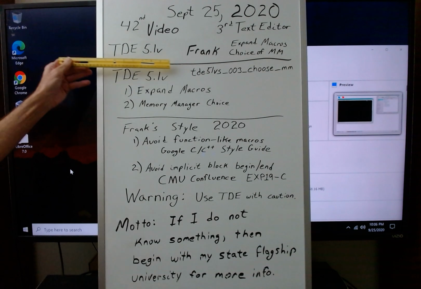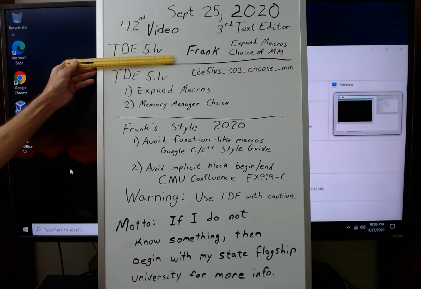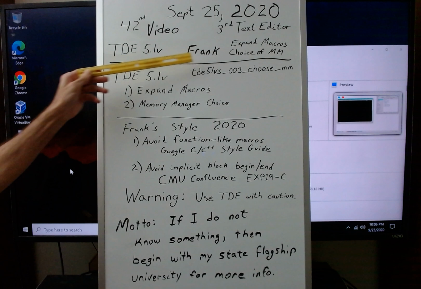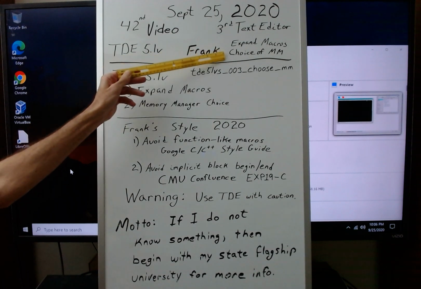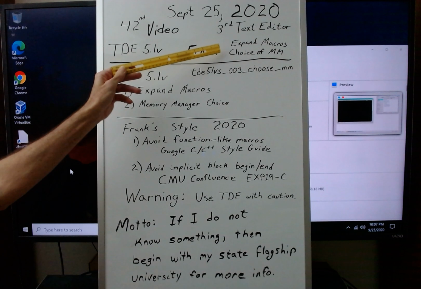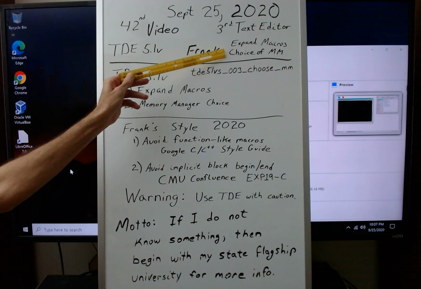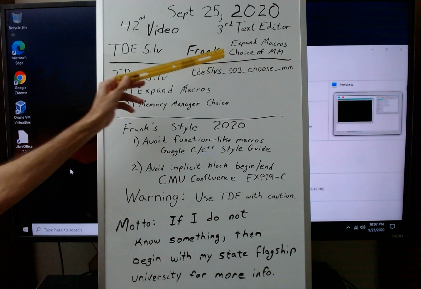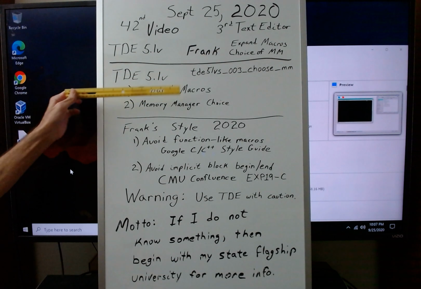And I was going to talk about TDE 5.1v, and last time I left it, so this week I'm going to expand those macros in the memory.c file and give the user a choice of memory managers.